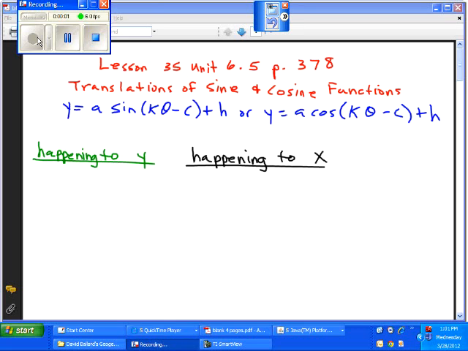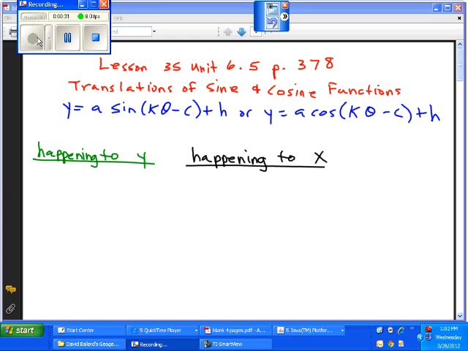When we began to look at the sine and cosine function, we compared transformations of the parent functions of sine and cosine to the parent function of a line, the parent function of a quadratic, the parent function of an absolute value. And we actually looked at graphing form of a quadratic, and we talked about the transformation of parent function points.